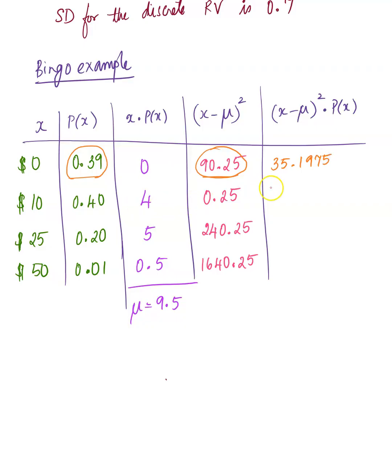Then these two will be 0.1, right? 4 times 25 is 100, so 0.1. 48.05, 16.4025, because you just move the decimal point, it's basically like times 1, but you have to move 2 decimal points to the left, so that's what you have there.